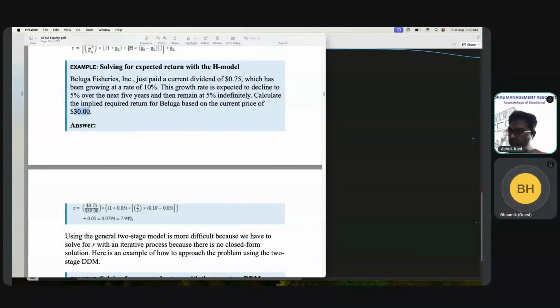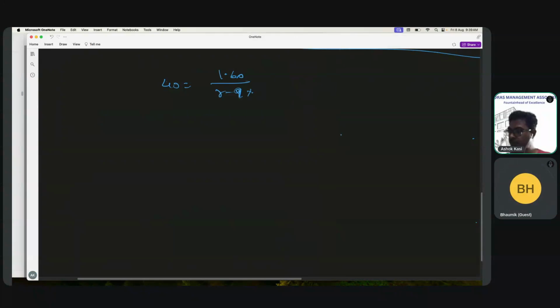Let's try this here. Beluga Fisheries Inc. just paid a current dividend of $0.75, which has been growing at a rate of 10%. The growth rate is expected to decline to 5% over the next 5 years and then remain at 5% indefinitely. Calculate the implied required rate of return for Beluga based on the current price of $30.